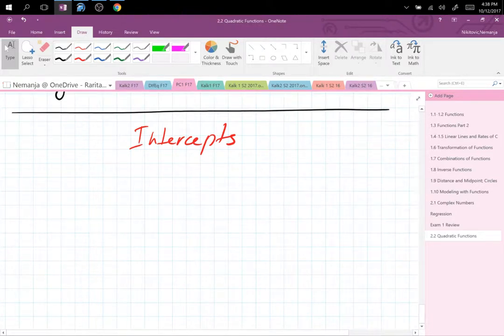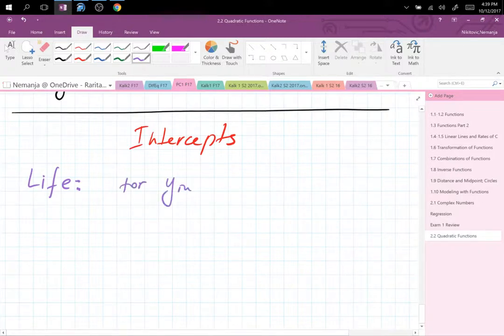Now, I'm going to call this life, okay? Because this is not just for quadratics. This is one of those properties that is going to be used for every function you see under the sun. Every. And this is what it is.